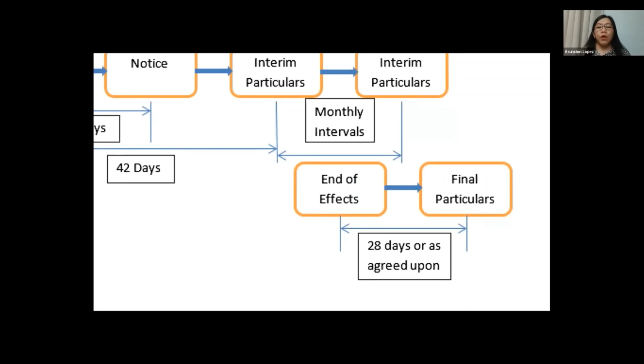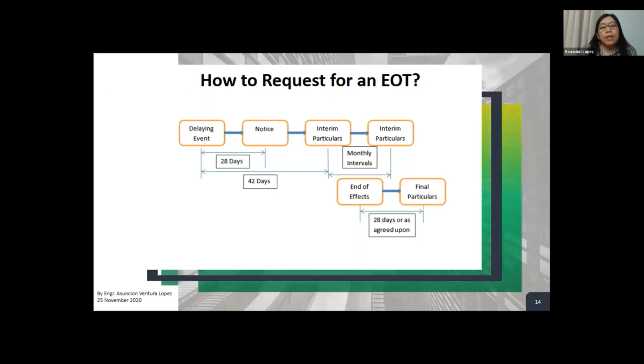You have to inform the client and receive his approval or agreement, okay? So that is basically the period. I just put it in a graphical presentation, but it is like 2 or 3 paragraphs in clause 20.1 of FIDIC 1999. You can read that later.